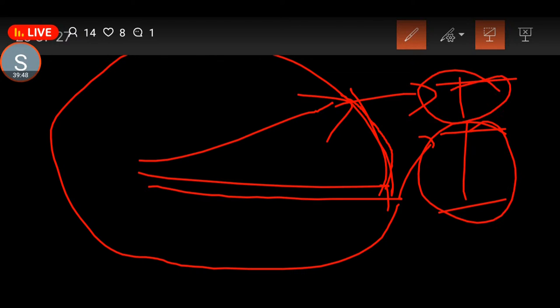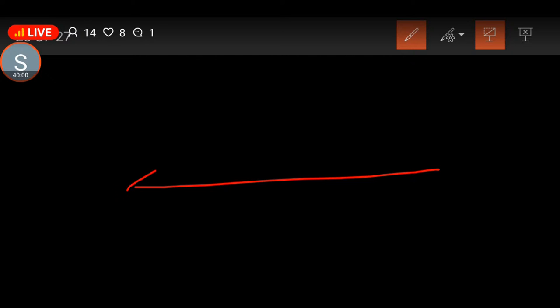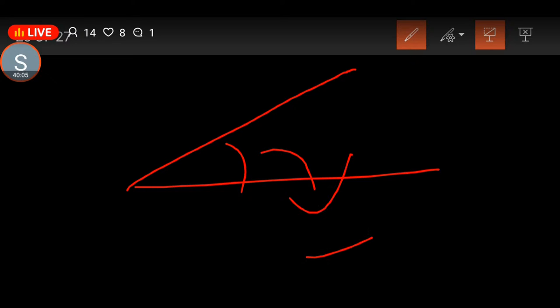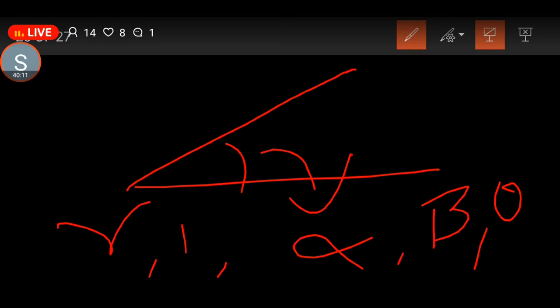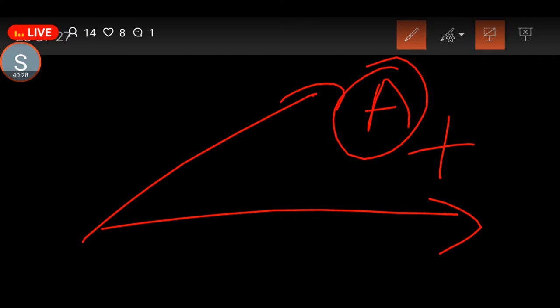The measure of an angle is the amount of rotation performed to get the terminal side from the initial side, and the angle between them is always denoted by Greek letters like alpha, beta, gamma, theta, or A, B, C, etc. If the angle rotates upwards in an anti-clockwise manner, it will be taken as positive.